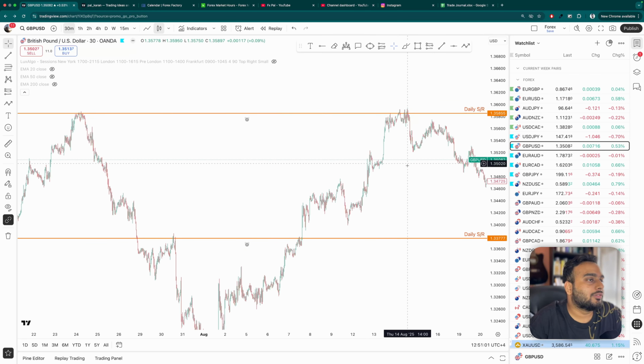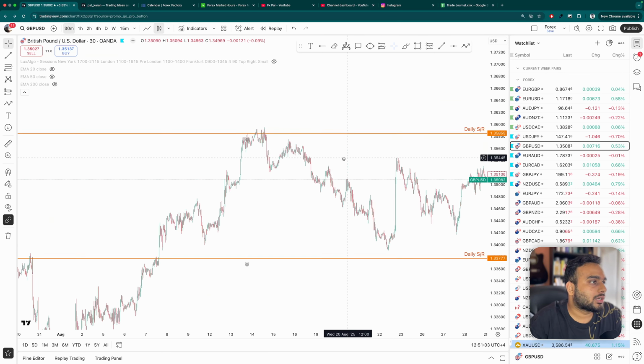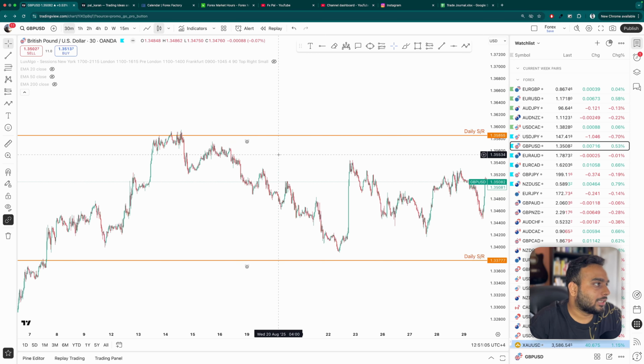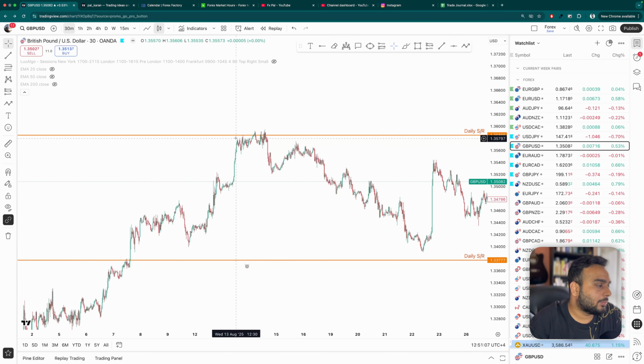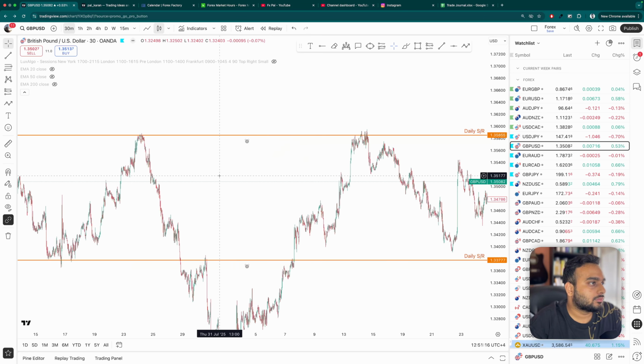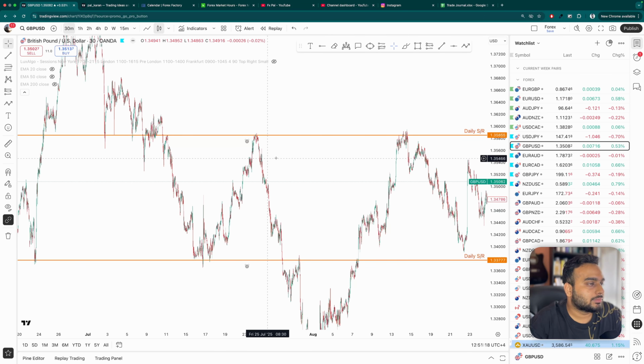So even if it's 30 minutes, I want structures, and I don't want something like this, a price to just keep go up directly and then reject and then start making structures here, because then I'll have to wait for a break right here rather than at this area. Because when I have to wait for a break right here, my TP becomes very small.